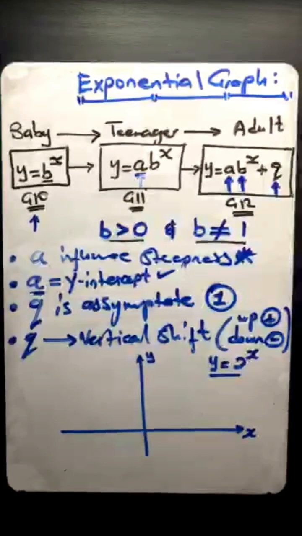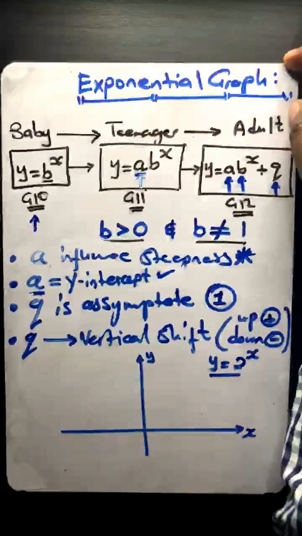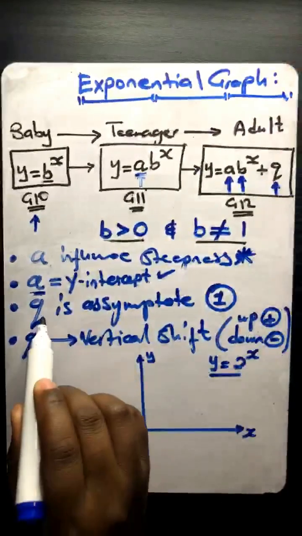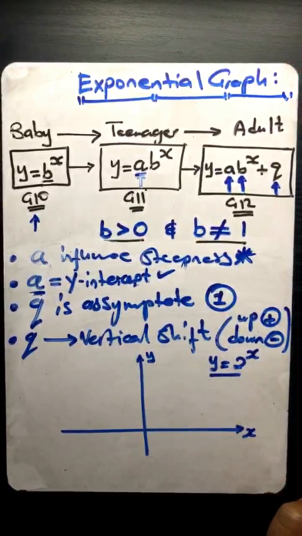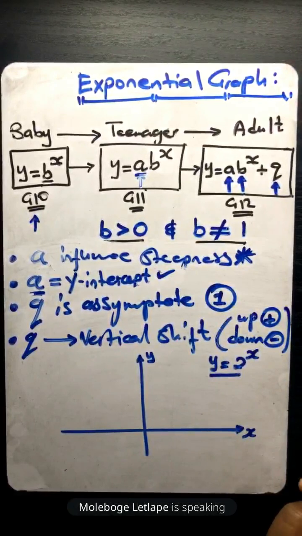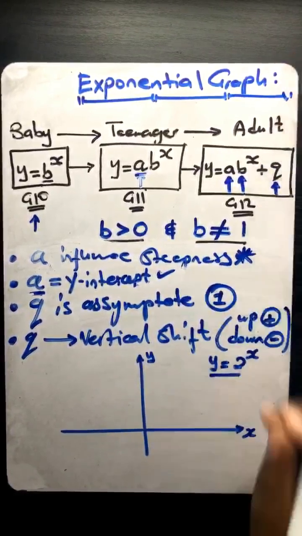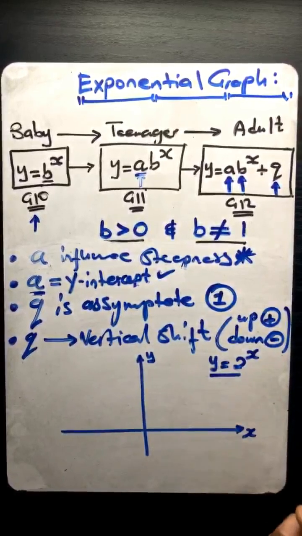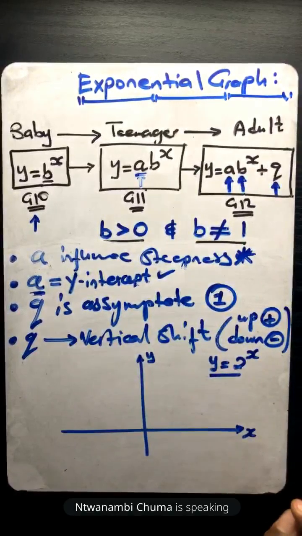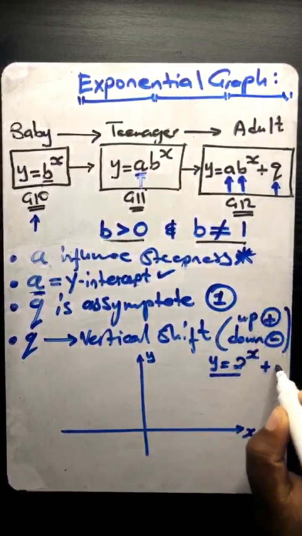So do you guys agree that since we are dealing with an exponential, we have an asymptote? Yes, sir. Okay, 100%. We will always have an asymptote, but now what is the value of the asymptote in this case? 0. 100%. So that means our Q here is 0.